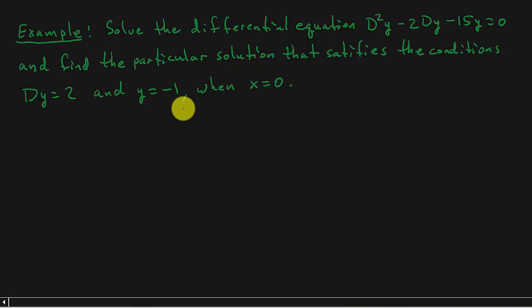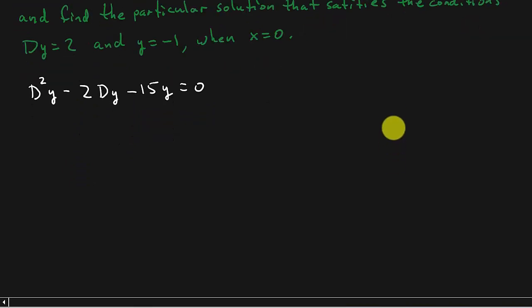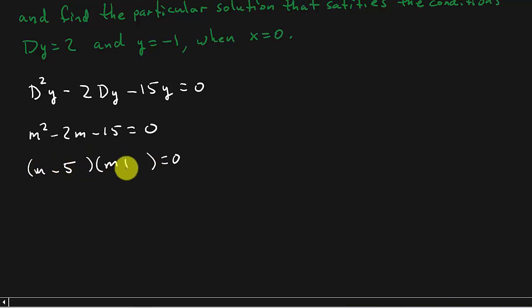All right, so I've got d2y minus 2 dy minus 15y equals 0. All right, so this is what? m squared minus 2m minus 15 equals 0. So this will factor: (m minus 5)(m plus 3).